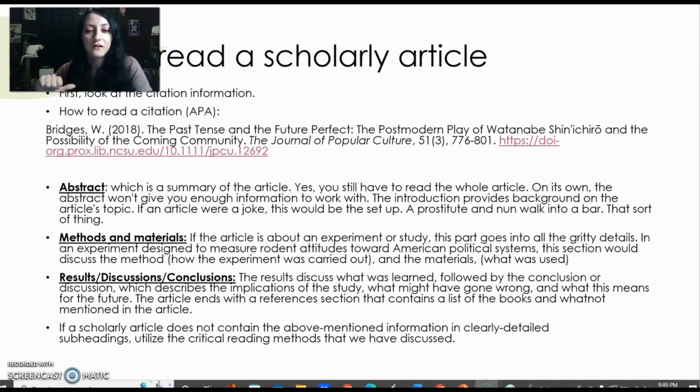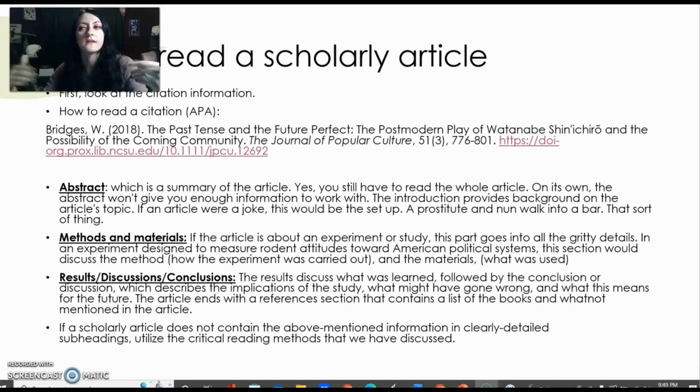Read, okay, this is what they learned, then go into their conclusion, because the conclusion is where they're wrapping up those ideas, right? They're wrapping up what they learned, and how this may be applicable to future research. And then the discussion section, if they have it. In the discussion section, they're going to say, hey, here are the implications of this study. Here are some things that may have gone wrong.